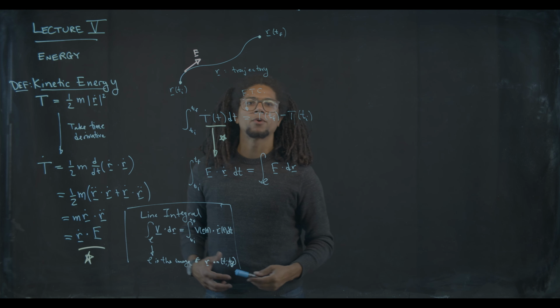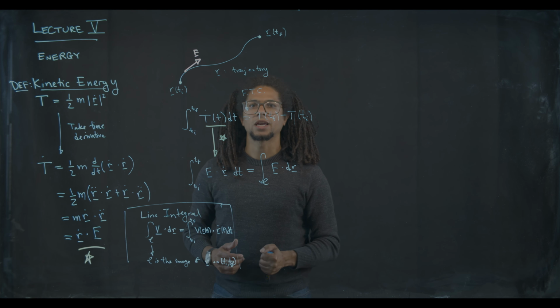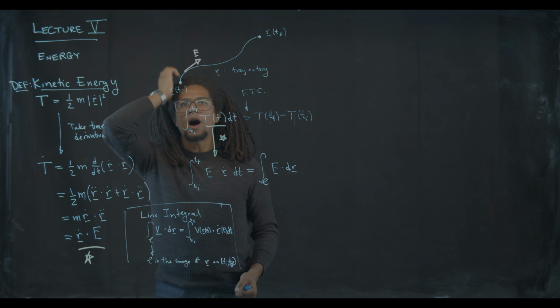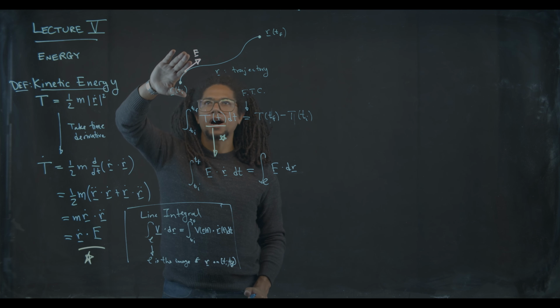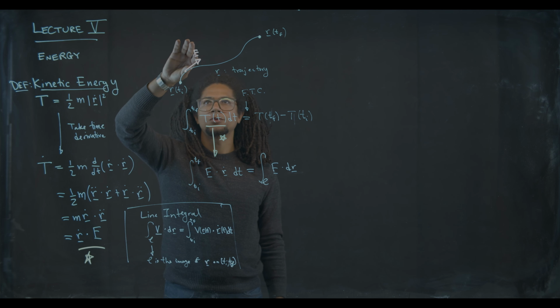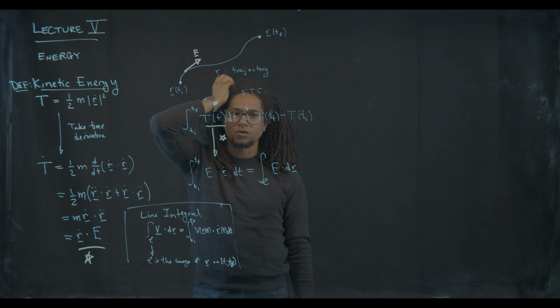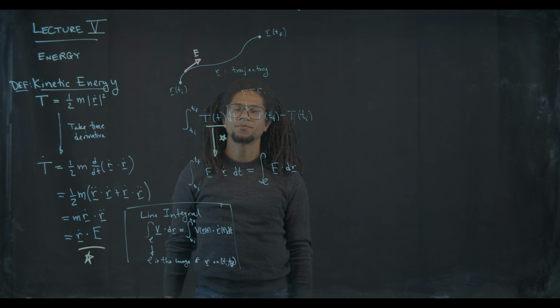And let's remember what the line integral is really telling us. It says that as I go along my curve, more or less, I want to add up all the little infinitesimal effects of forces that happen at each point along the curve. Great.